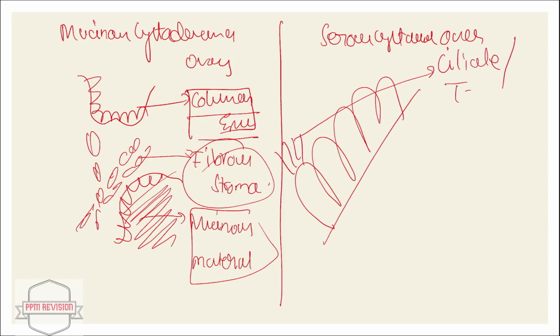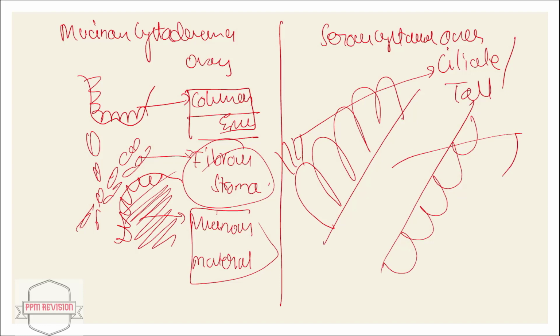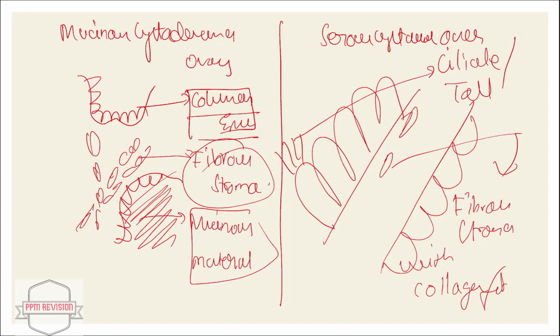Here also there is a similar thing, a mirror image, and here there's fibrous stroma with collagen fibers. And here were the points as mentioned earlier: the stroma is scanty. That is an important point here.